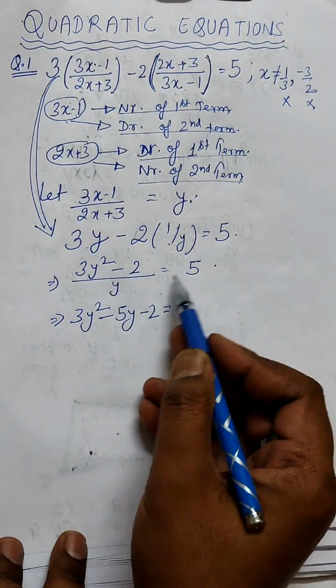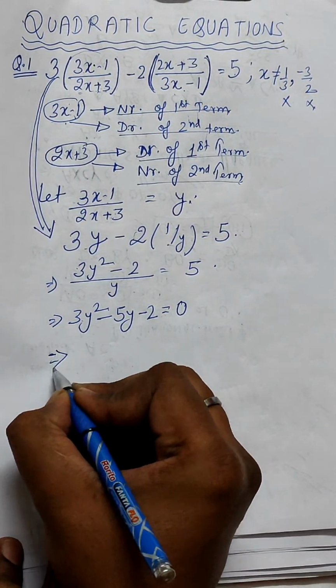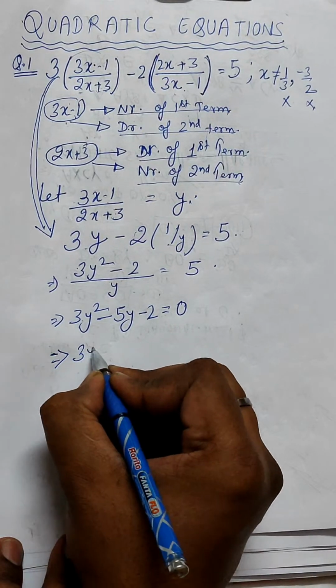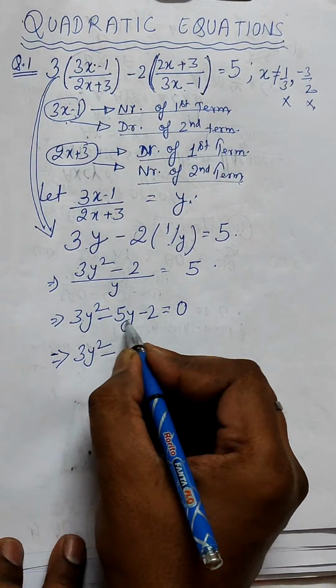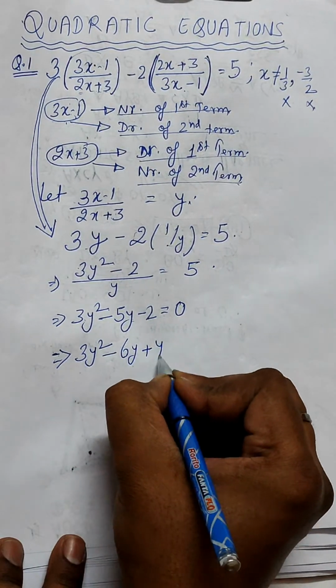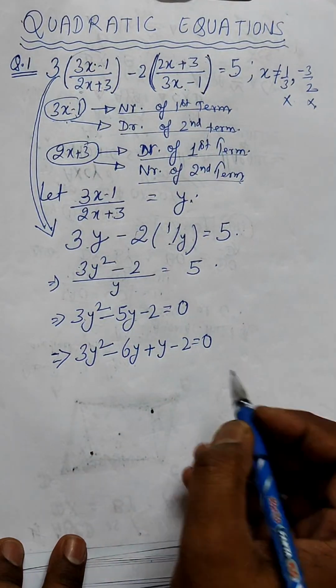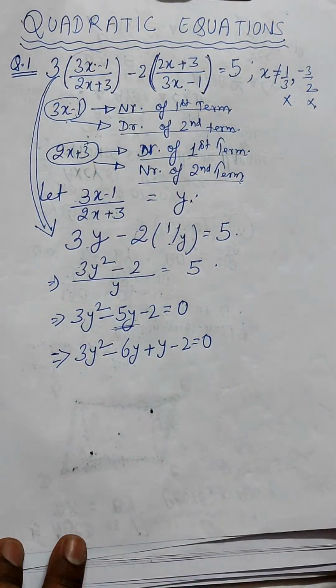Because 5y will be coming into the LHS. Splitting the middle term, you can write minus 5y as minus 6y plus y and minus 2 as it is, right? The middle term is split.